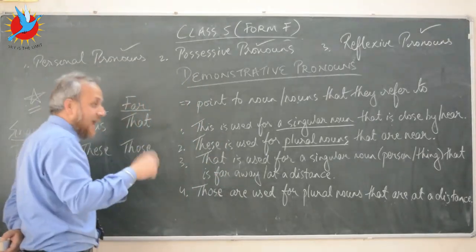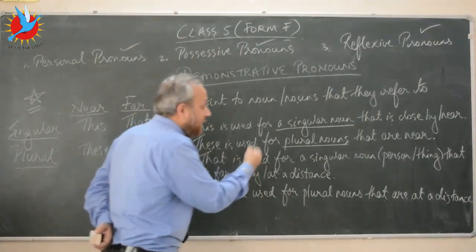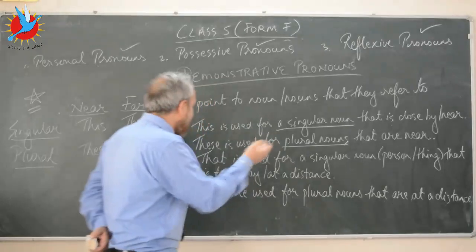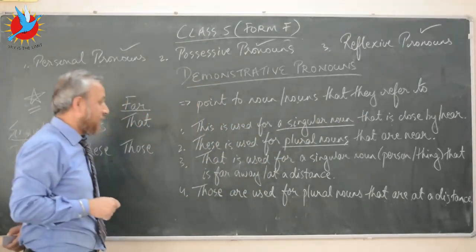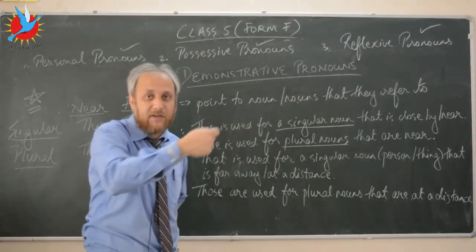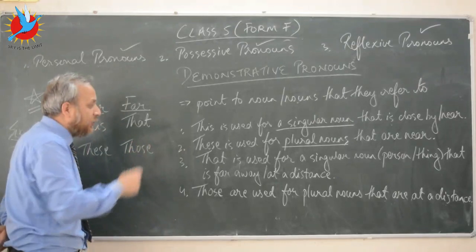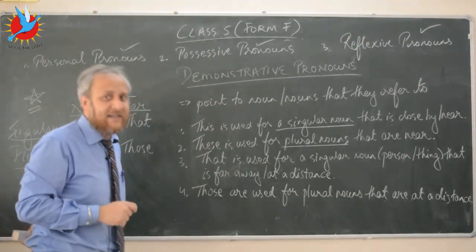And then you have another demonstrative pronoun which is that, and that is used for a singular noun, could be a person, it could be a thing, that is far away or at a distance. I will also write the examples for you on the board, so you needn't worry. And those is used for plural nouns that are at a distance.